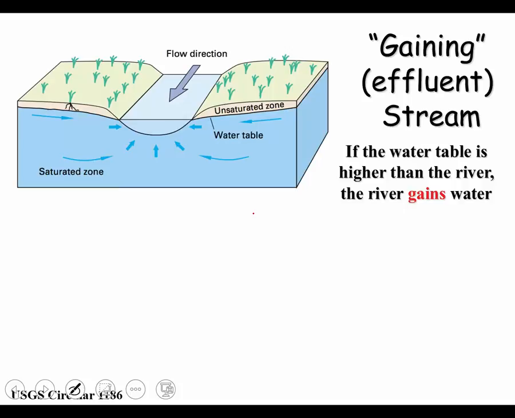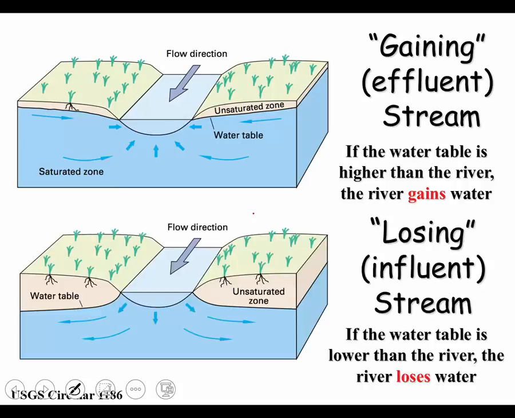Okay. Now, we know from freshman geology that not all rivers are fed by the groundwater. In humid areas, they are. The water table is basically recharging the rivers, what we call a gaining or effluent stream.